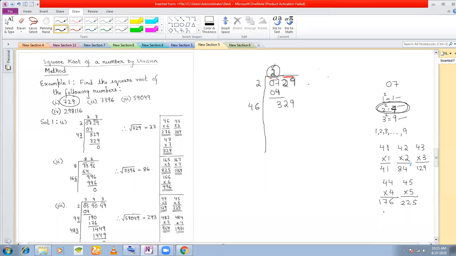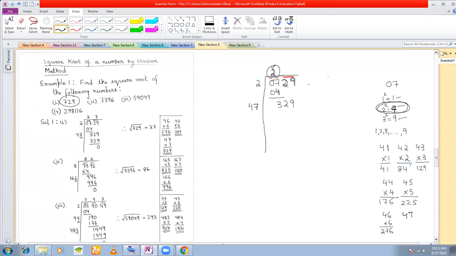46, and now I'll multiply 46 into 6. So 46 into 6 will give you 276. Okay, so again 276 is close to 329, but I don't know whether it is too close. So I'll take one more digit, maybe I'll take 7.